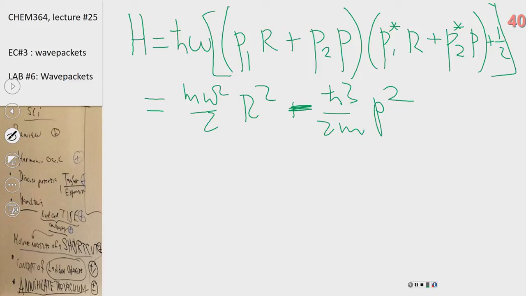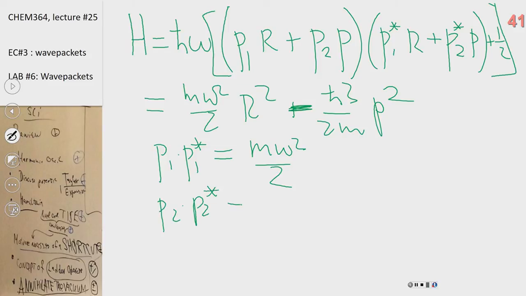So if we open the brackets, we will see that P1 times P1 star is expected to be equal to m omega squared by 2, right? P2 times P2 star is expected to be equal to minus h bar square over 2m.